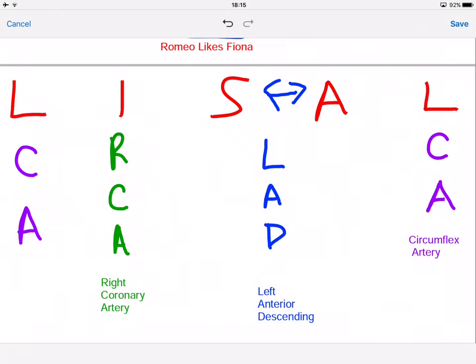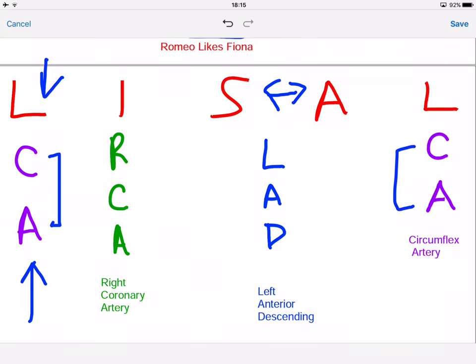So the first one, which is our lateral lead, our leads 1 and AVL, if there is any abnormality in that, then usually it's your left circumflex artery. And the way that I like to make it a little bit easier is that I write my Lysol out, and then I write CA at the beginning. So we've got our CA here, and then we've got our CA at the end.